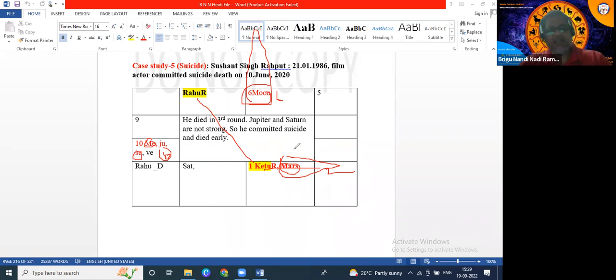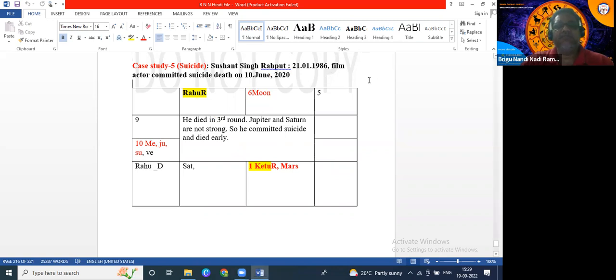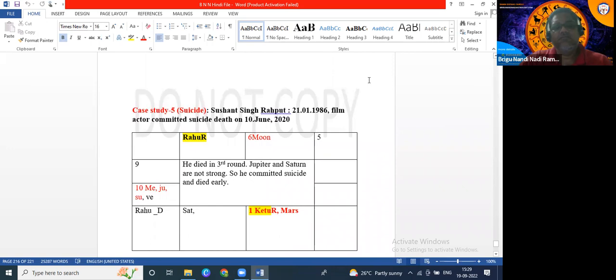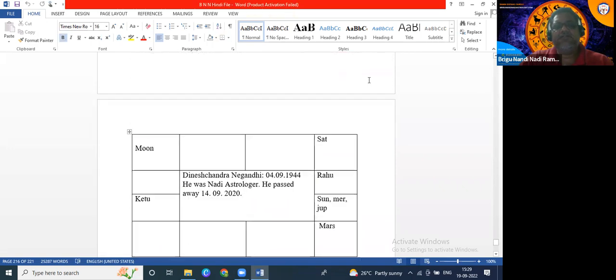So definitely the native will commit suicide, or he will have a psychic problem, and he will have to take treatment from doctors, medication. So this is suicide actually.